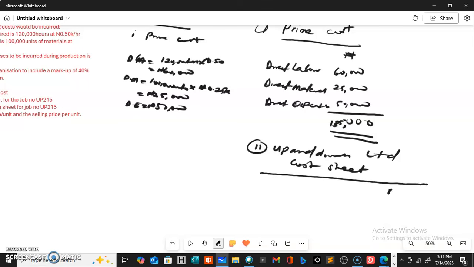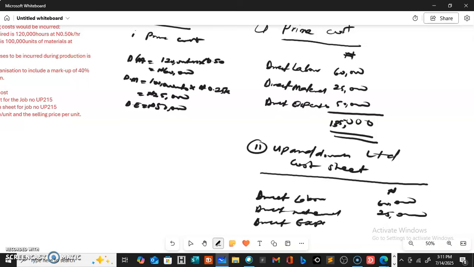So in this question we just say direct labor, which is 60,000. We have direct material, this is 25,000. We have direct expenses, which is 50,000.